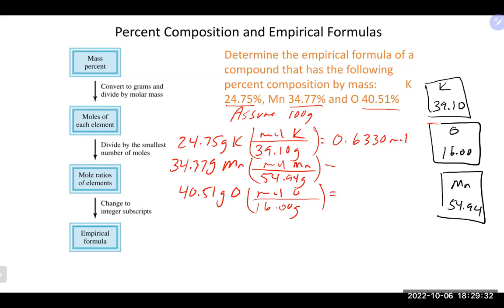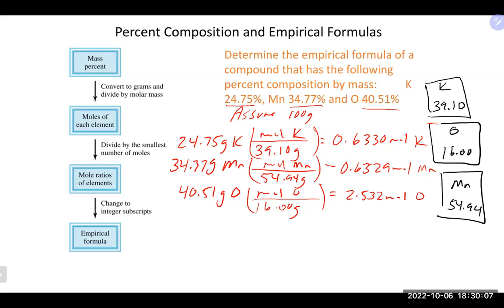If we do our Mn, also about 0.633, basically. And oxygen here, 40.51 divided by 16, 2.532 moles. Any questions up to that point?